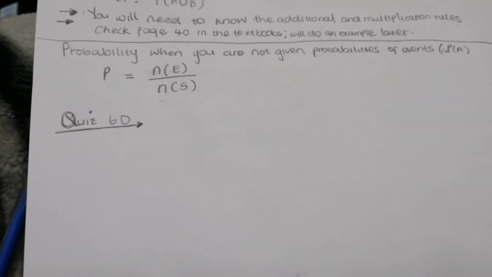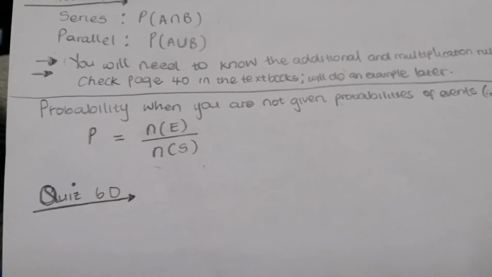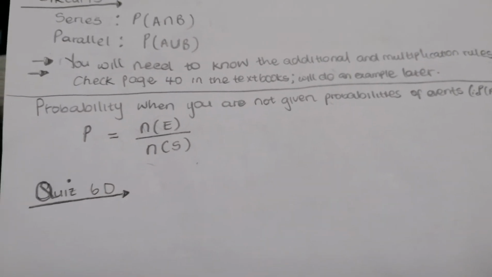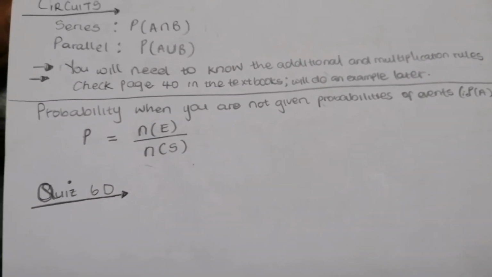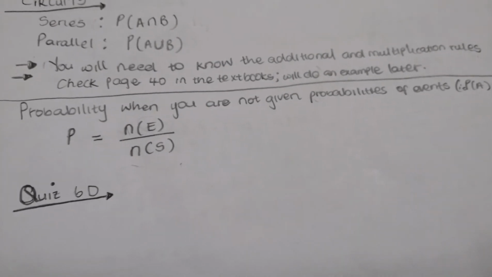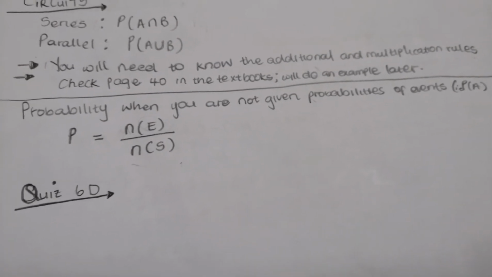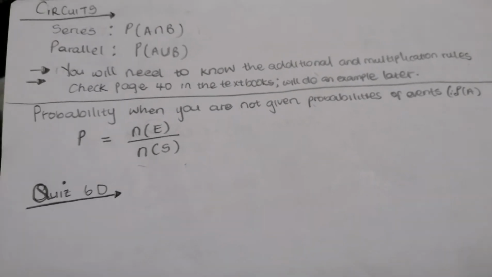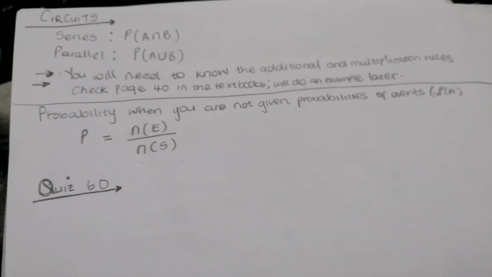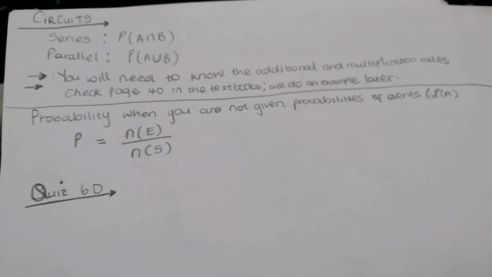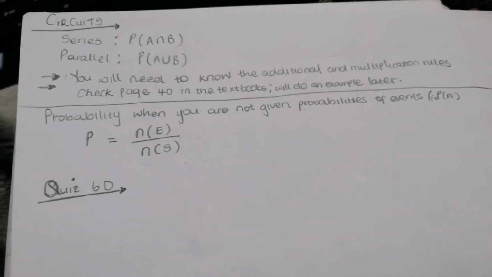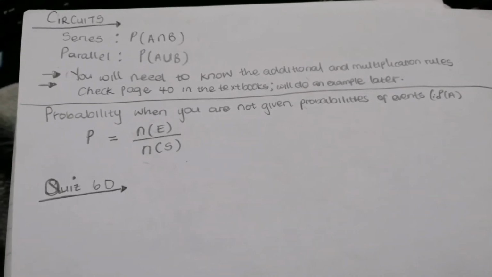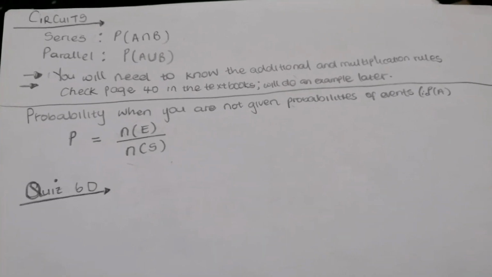So having said all of that, this is a summary of what you've done in introduction to probability. I'll be sure to do some questions so that you can see how we apply the different equations I've shown you.